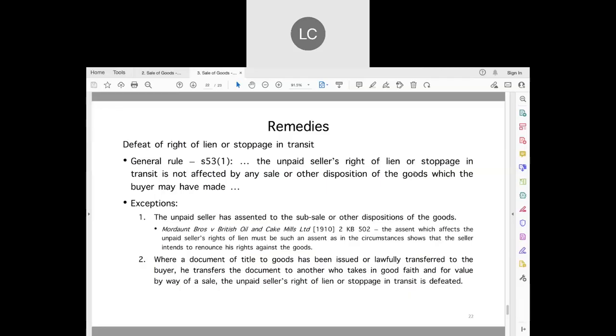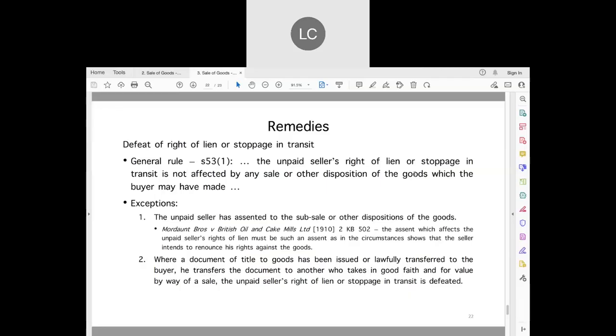So here you have to be careful between the difference between transferring of title under section 30 and 54(3). Under section 30, the new buyer is required to have bought the goods in good faith and without notice of the previous sale. But if it is a resale under section 54(3), there is no such requirement.